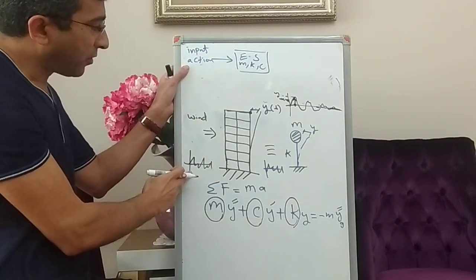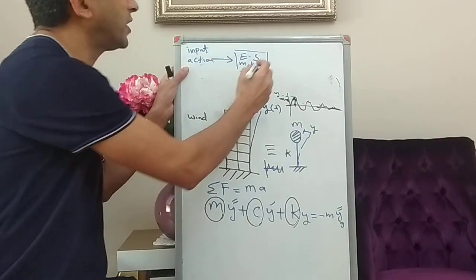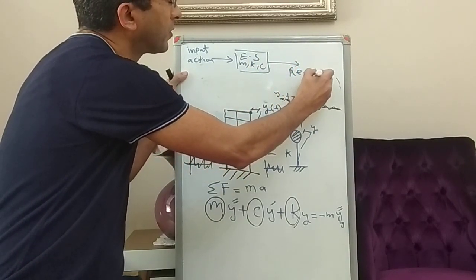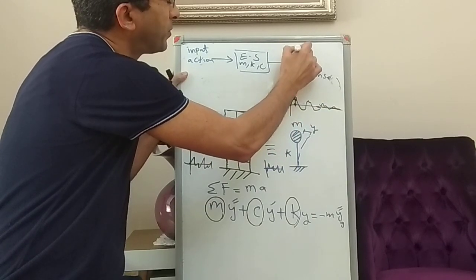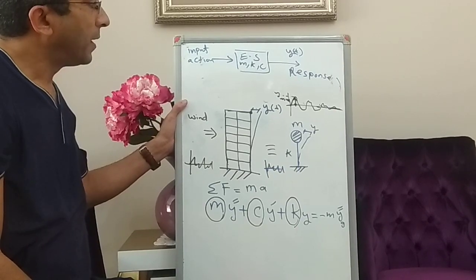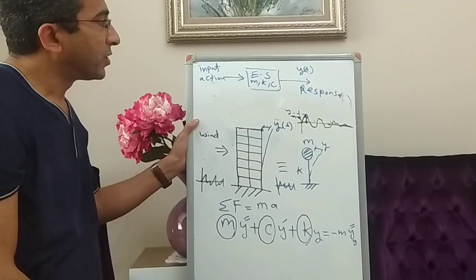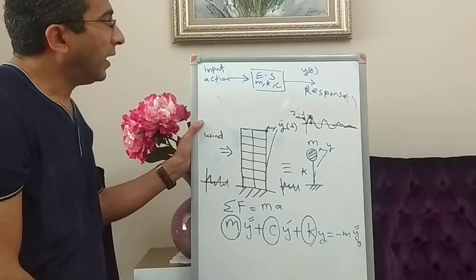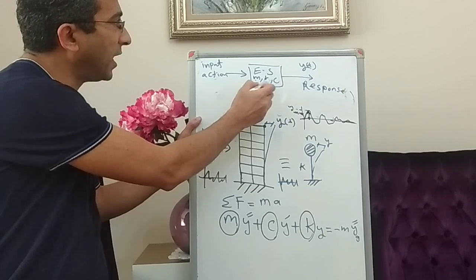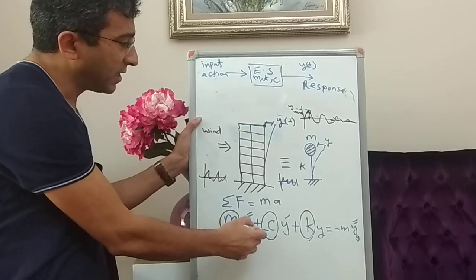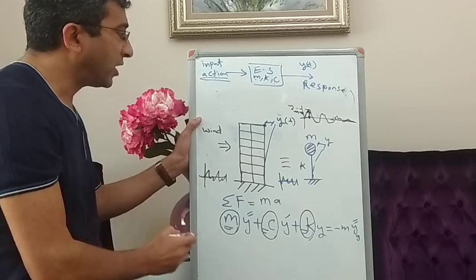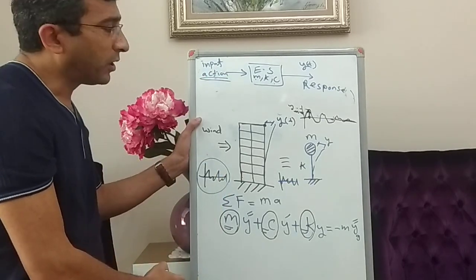In this case, this is the earthquake or wind action, a dynamic action, and I want to find the output, which is my response. The response is the top displacement. I want to predict theoretically the motion of the building at the top. So in the second order equation, you know these characteristics m, k, and c, which are constants here, and you know the action. You can't change the earthquake risk on the building.